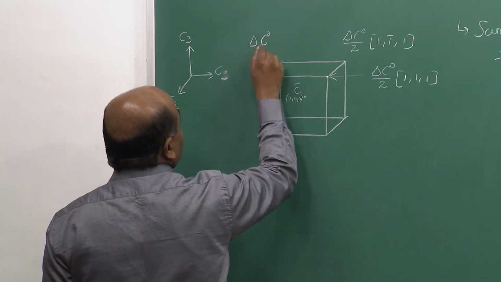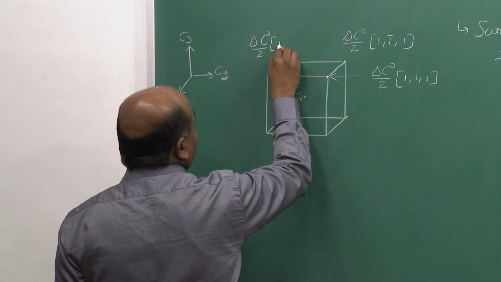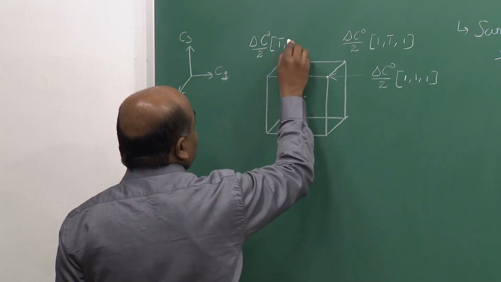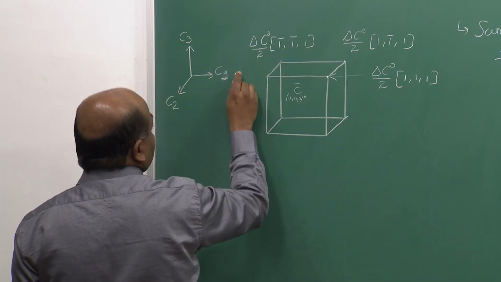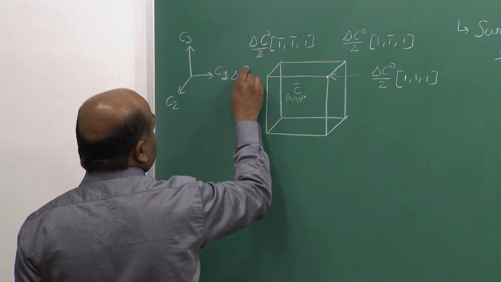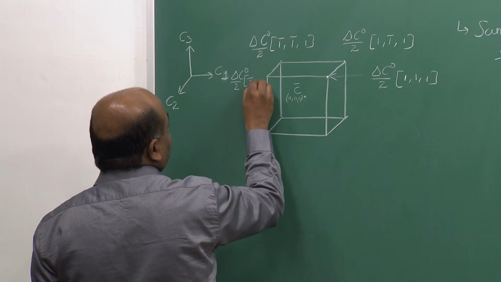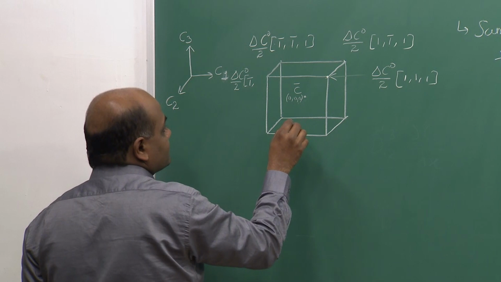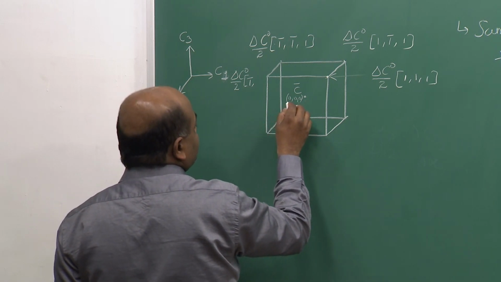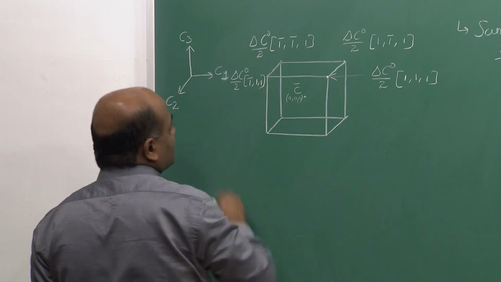This will be delta C0 by 2 (bar 1 bar 1 1). This will be delta C0 by 2 (1 bar 1 1).